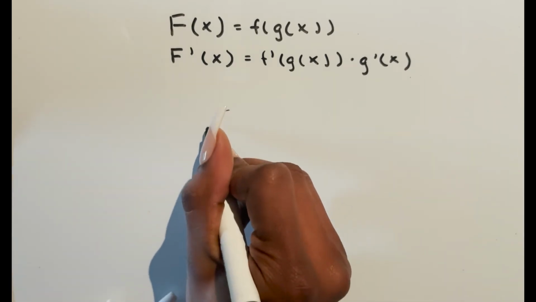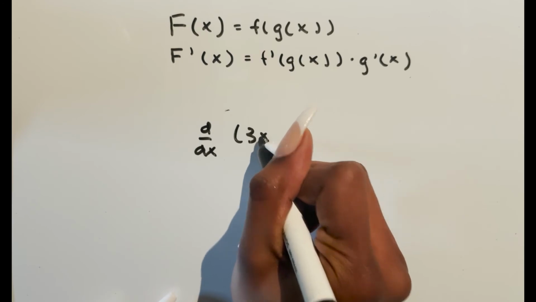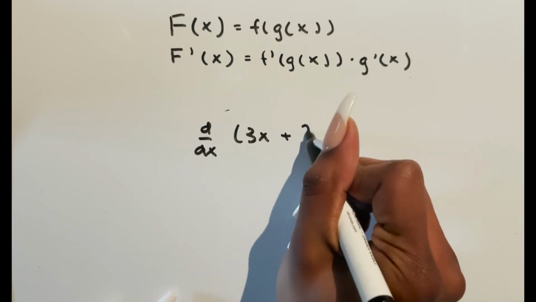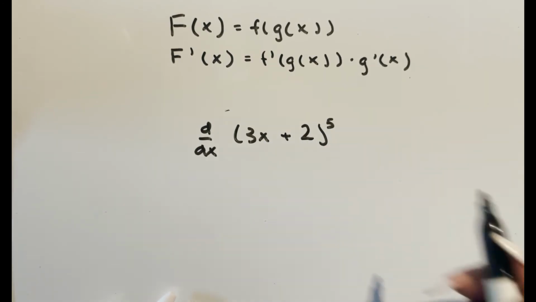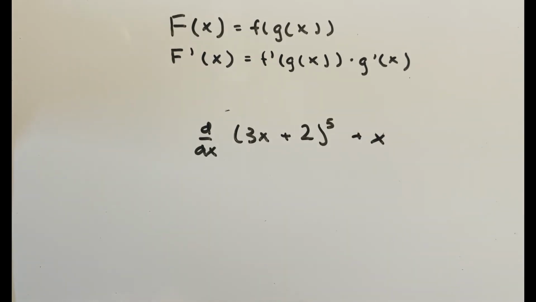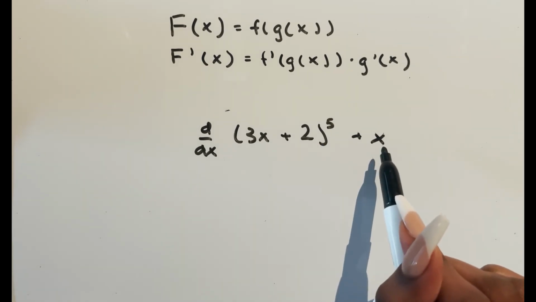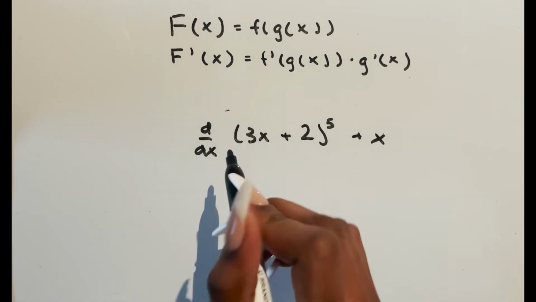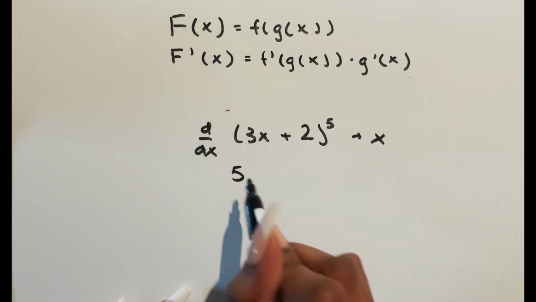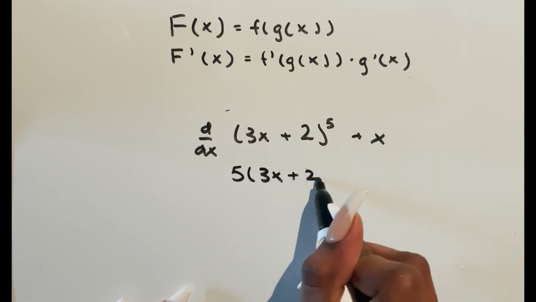For this example, we'll take the derivative of (3x plus 2) raised to 5 plus x. Starting with the outside stuff, this exponent 5, and this x here, we'll bring the 5 to the front first. Leave the stuff in the parentheses alone.